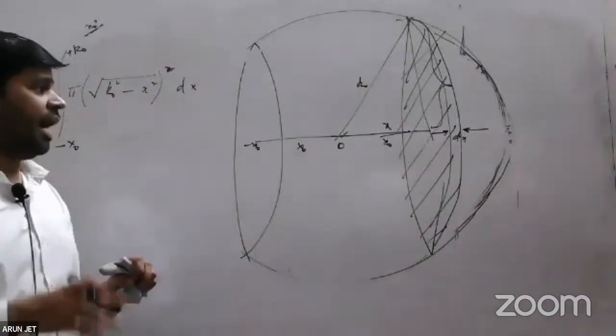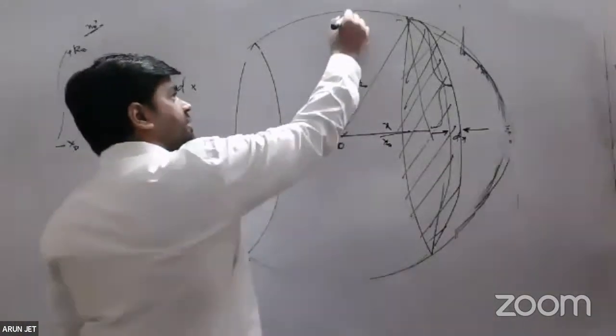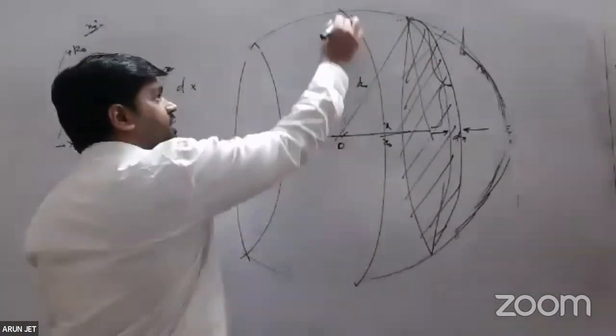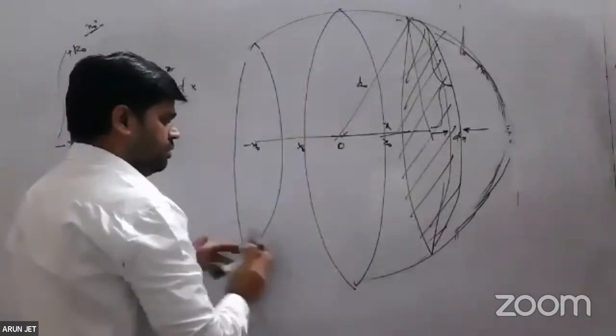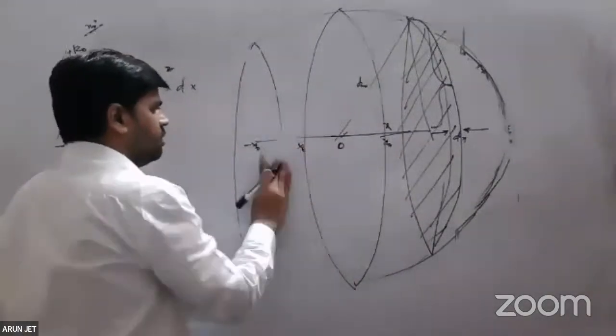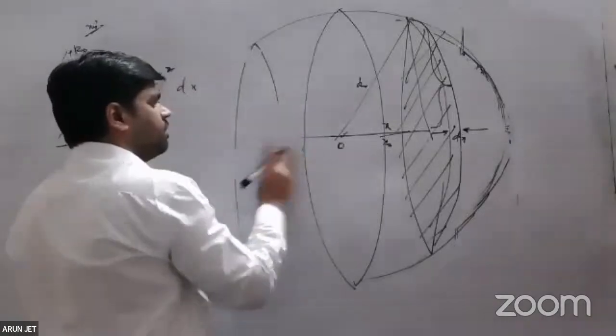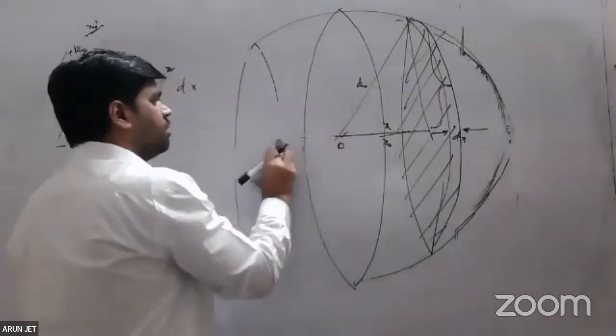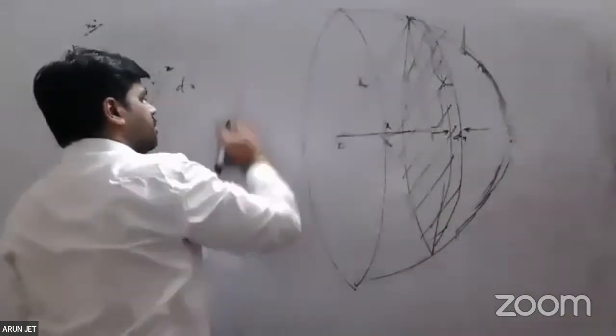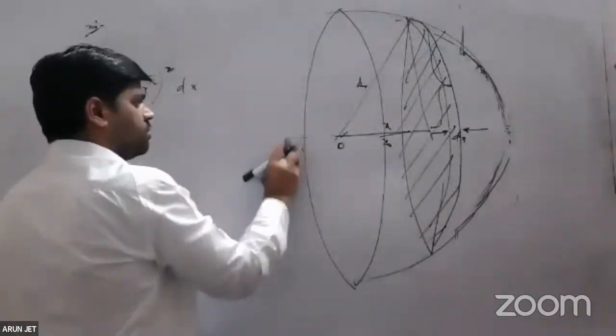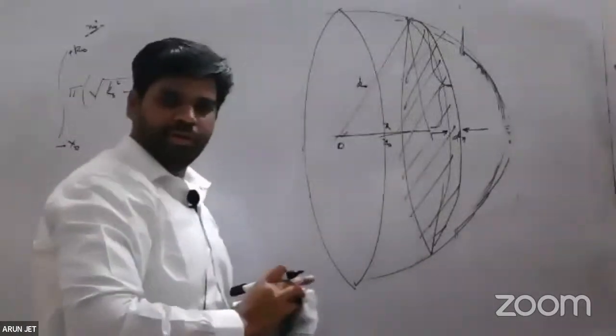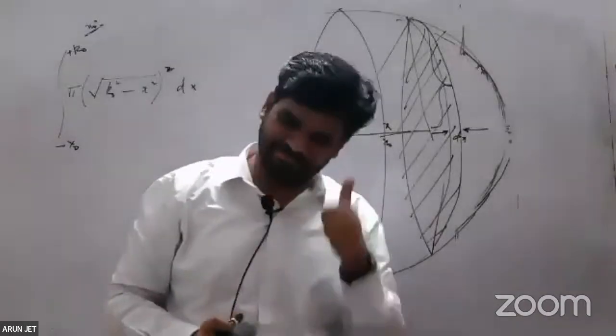Yes, sir. I want a hemisphere. Then from where do I integrate? I just want a hemisphere. Zero to r naught, sir.